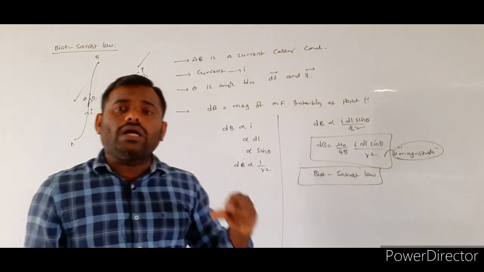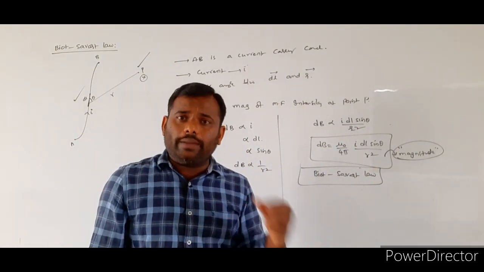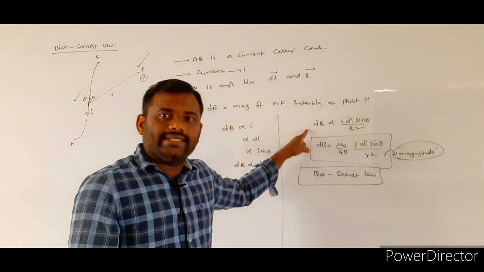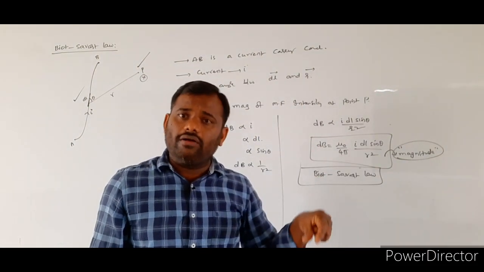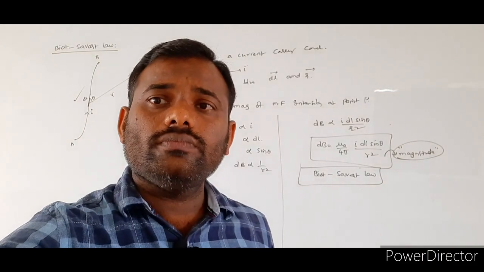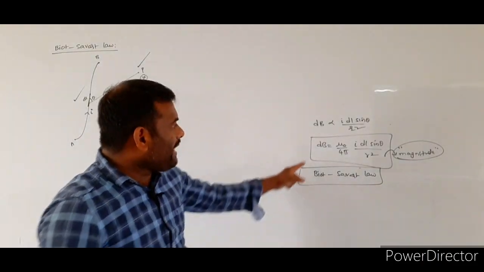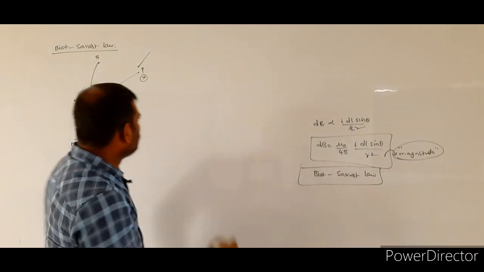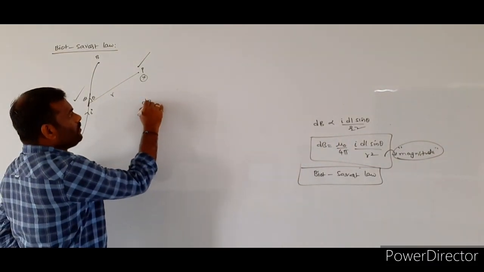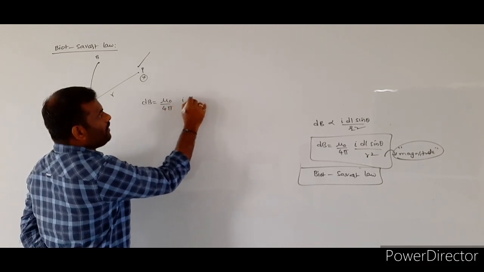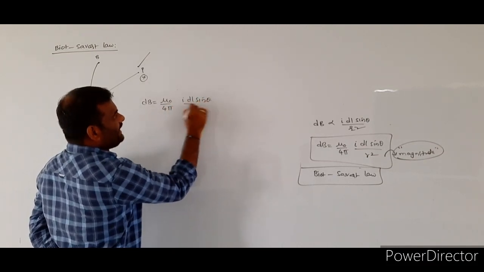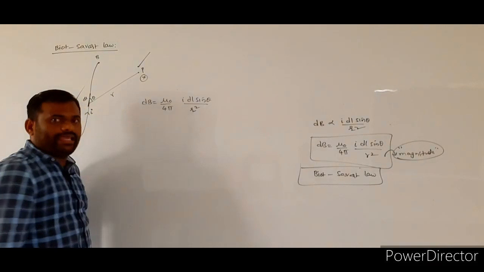If you want to represent this magnetic field intensity in vector notation, how can we write it? The magnitude is dB equal to mu naught by 4 pi I dl sin theta by r square.